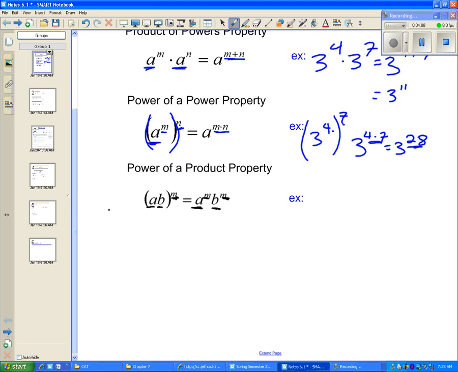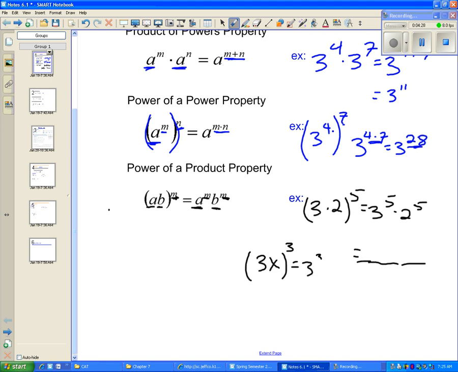Well, again, if I have something like 3 times 2 to the 5th, that's 3 to the 5th times 2 to the 5th. And if I actually multiplied that out, I would actually get a number. What's another example of this? Well, if I have 3x to the 3rd, this would be 3 to the 3rd, x to the 3rd. It's kind of like the distributive property. If I'm taking two bases to a power, I want to distribute that power into both of those things that I'm multiplying.